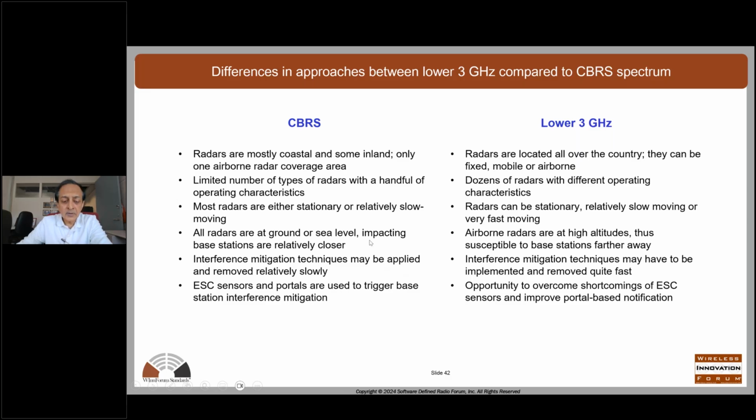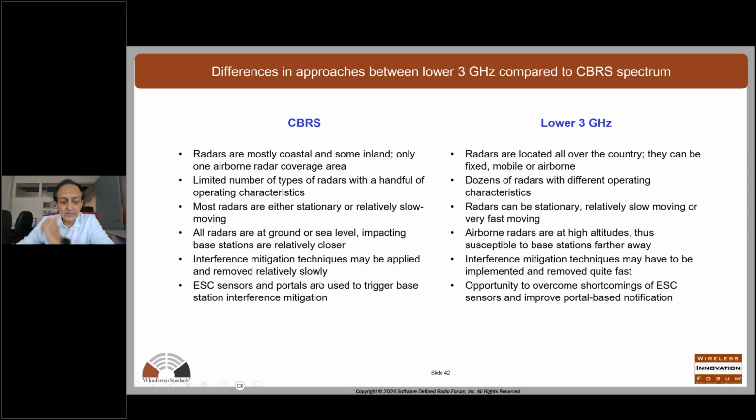Here is another interesting one to watch out for. In CBRS, the radars are mostly at the ground level, impacting base stations that are relatively closer. But in lower 3 gigahertz, there are airborne radars at high altitudes. Thus, the visibility of the radar from base stations can be from much farther away. So the number of impacted base stations could be significantly larger compared to the CBRS radars.